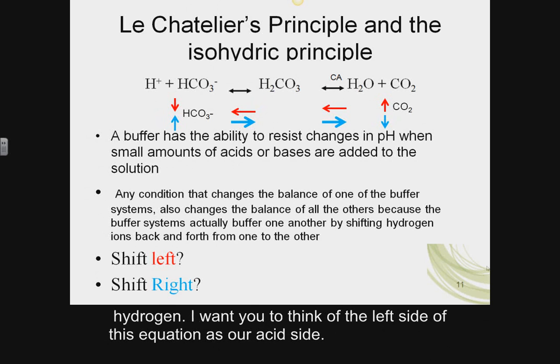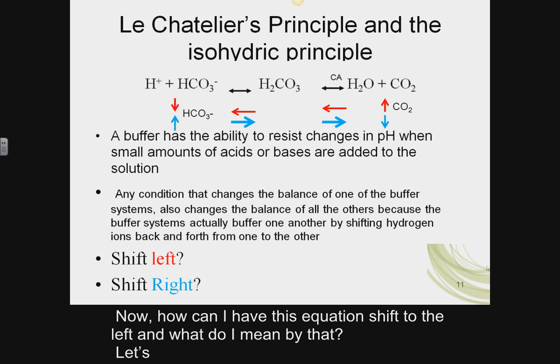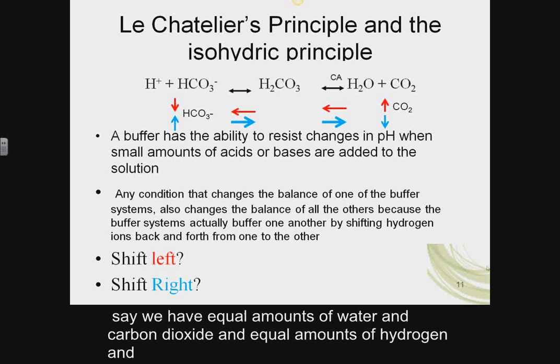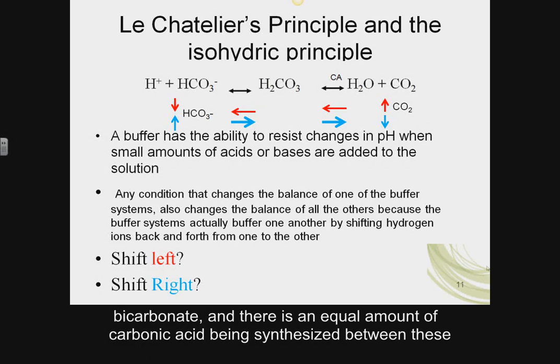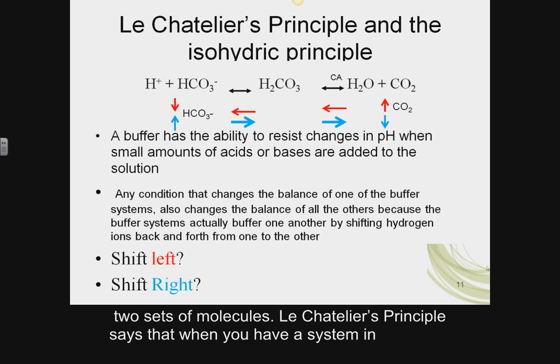Now, remember hydrogen. I want you to think of the left side of this equation as our acid side. How can I have this equation shift to the left, and what do I mean by that? Let's say we have equal amounts of water and carbon dioxide and equal amounts of hydrogen and bicarbonate. And there is an equal amount of carbonic acid being synthesized between these two sets of molecules.